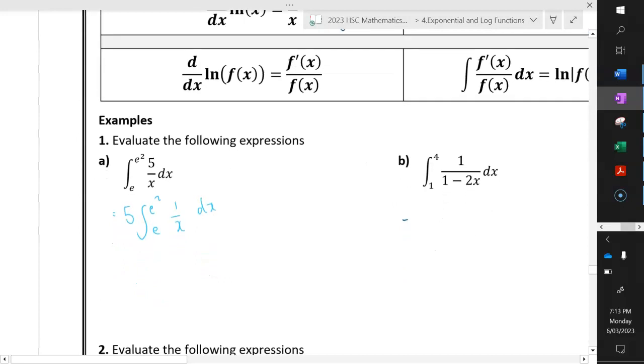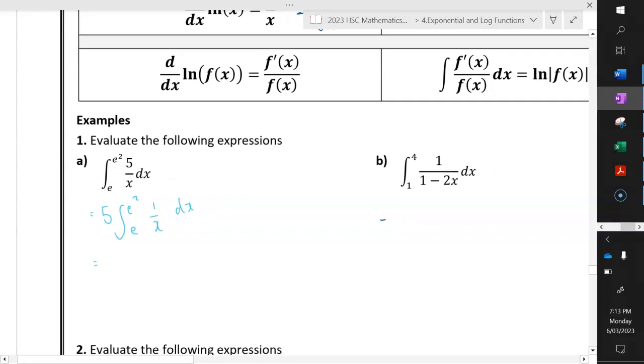So what I can do is say, well, I know that when I integrate 1 over x, and it's in the form derivative on the function, if you have a look back at your rule up here, I'm going to end up with log of f of x. So I'm going to have 5 lots of log of the absolute value of x between e to the 2 and e.